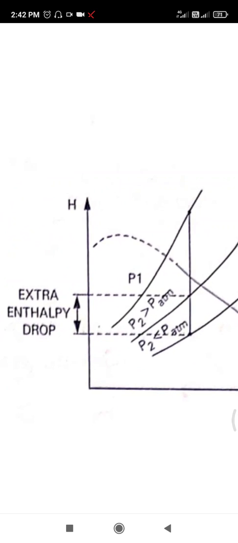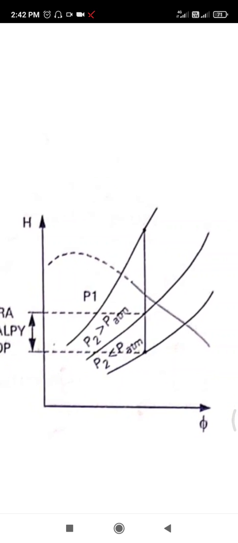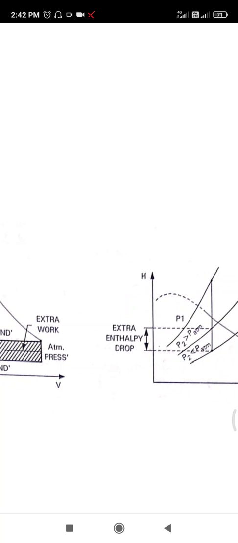You can see that P2 is greater than P atmosphere without condensation, and with condensation P2 is less than P atmosphere. This is enthalpy. This is the extra work available in the case of condensing engines and turbines. The efficiency as well as the work output per kg of steam increases substantially.